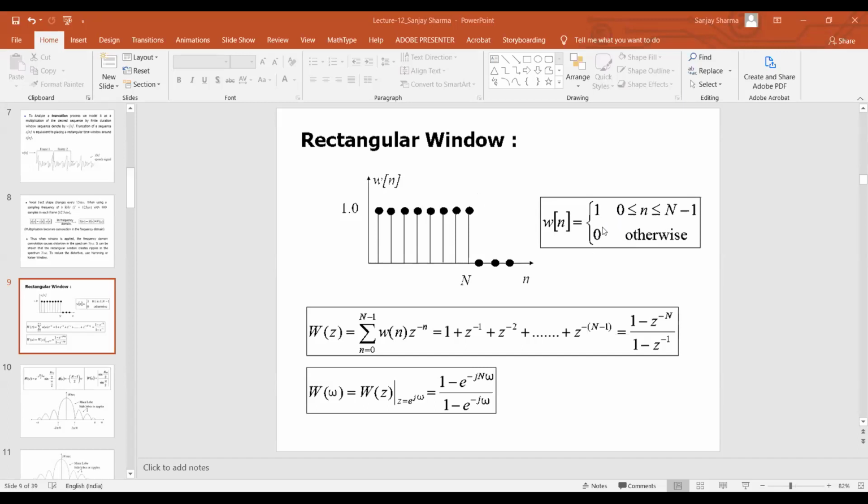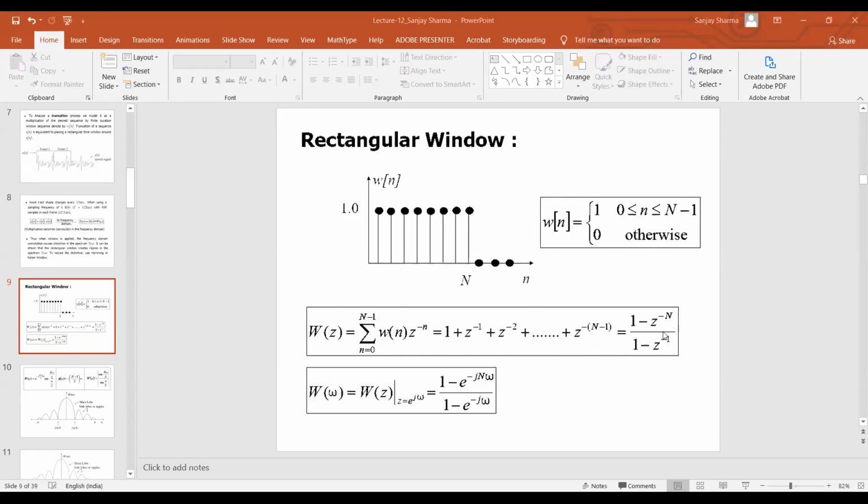Now let me try to analyze this window function only at present. If I take the Z transform of w[n], I will get this series, the sum of w[n] z to the power minus n. This is a GP series, so I will get the sum also.